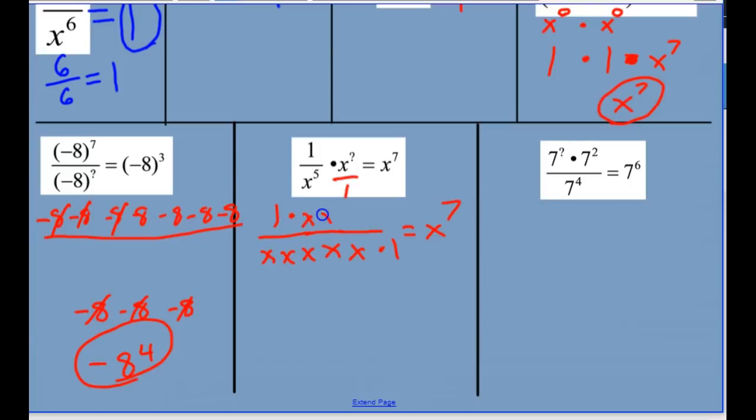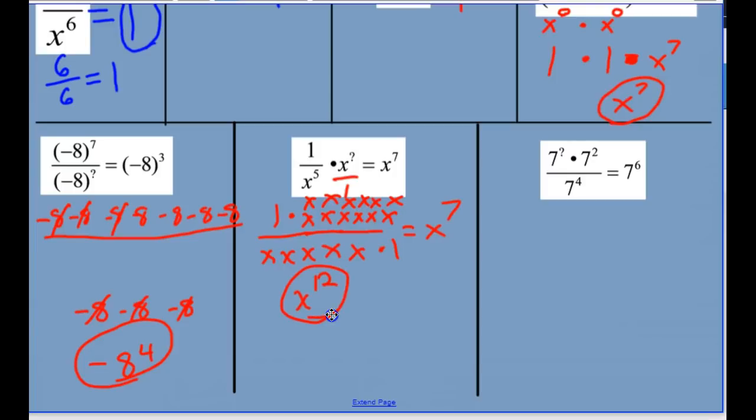So we know we have 12 x's. 1, 2, 3, 4, 5, 6, 7, 8, 9, 10, 11, 12. So then if we take away 5 x's from up here and 5 x's from down here, we're going to end up with x to the 7th. So we know that this x to the question mark should be x to the 12th.